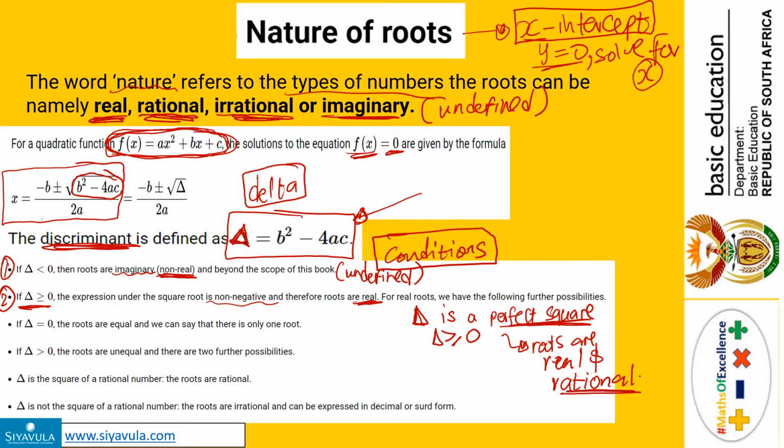That is the further possibility that you can say about your roots. If your delta is greater than or equal to 0, we said the roots are real according to this second point.